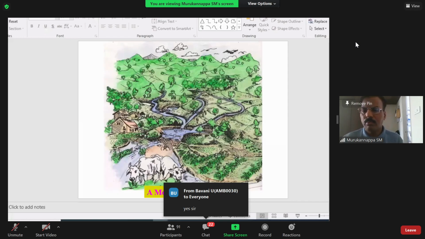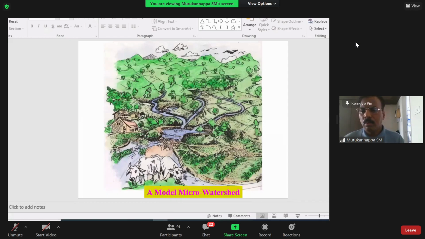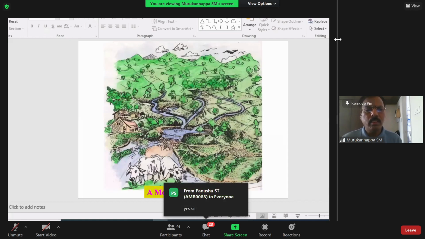Okay, because if you have not understand, Panusha, where is that Panusha? Divyaji, where is that Divyaji? Divyaji, no? Divyaji.